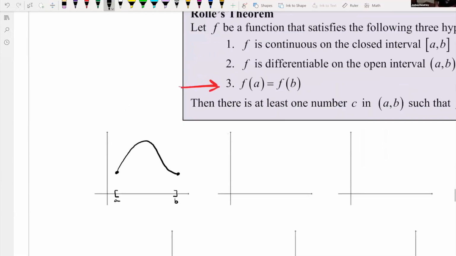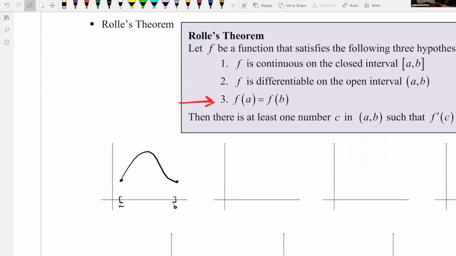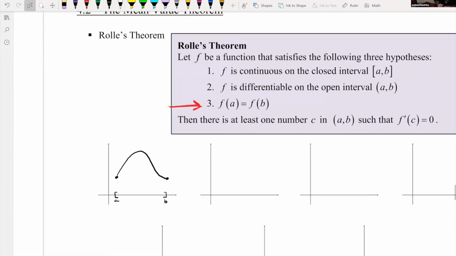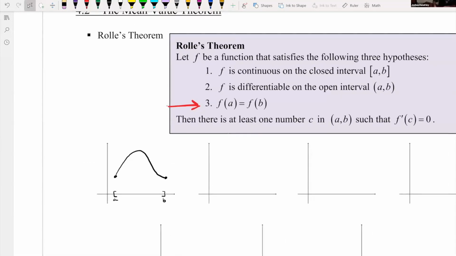First of all, let's be sure that this satisfies Rolle's. We have a continuous function, so that is definitely true, the way I drew it. It has no breaks, no holes, no asymptotes, no weirdness. It's differentiable. What does it mean to be differentiable?